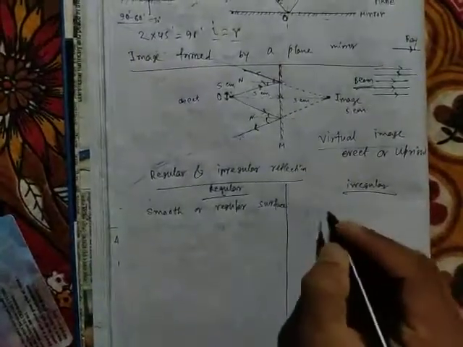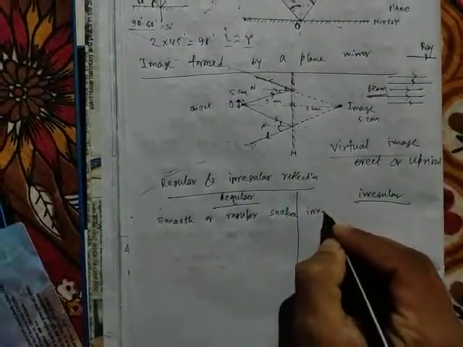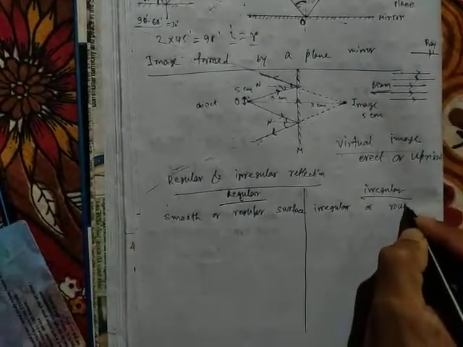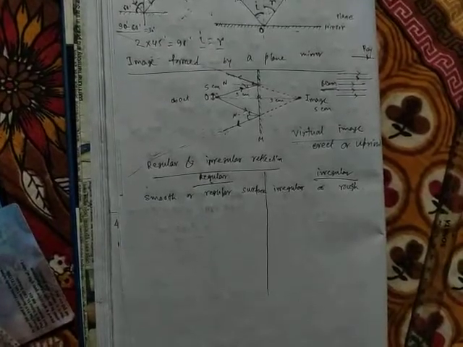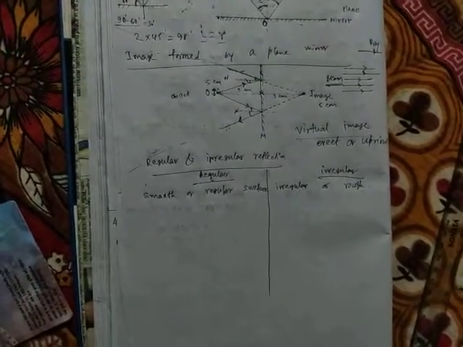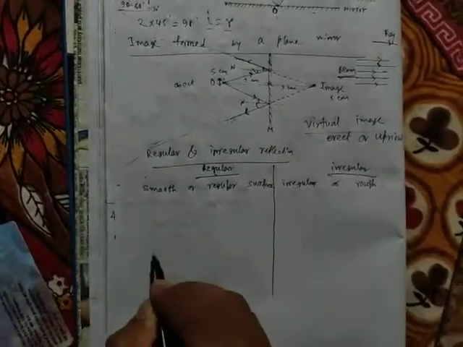Irregular reflection occurs on an irregular or rough surface. Clear? Regular reflection occurs on a smooth or regular surface, and irregular reflection occurs on an irregular or rough surface.